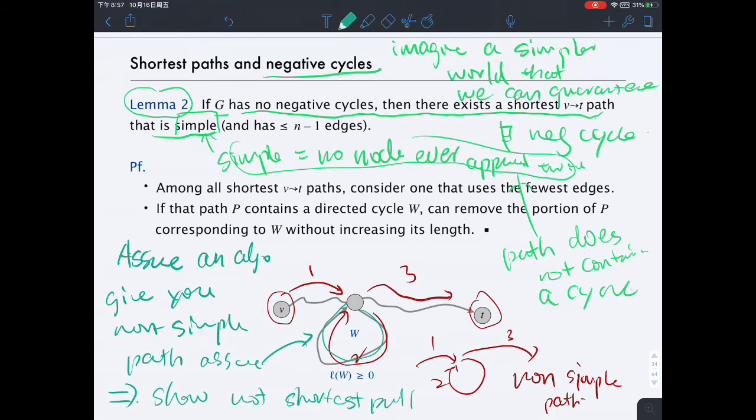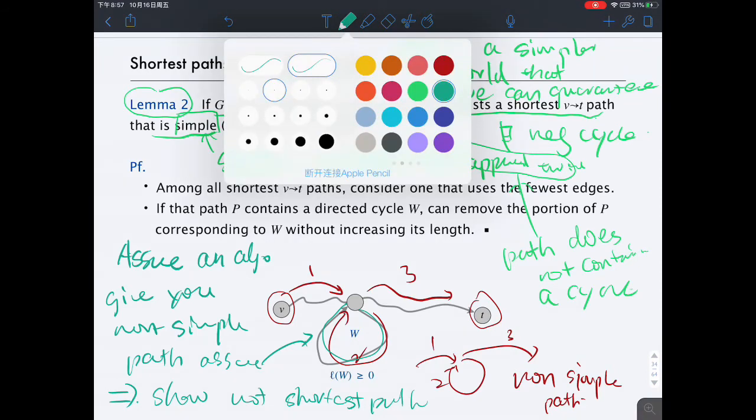Then we can show that this is not going to be a shortest path.